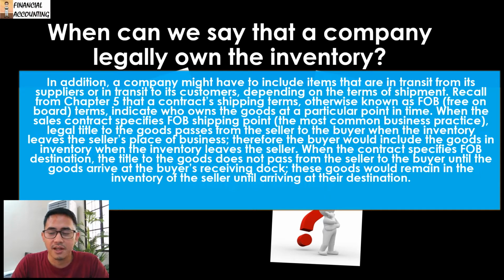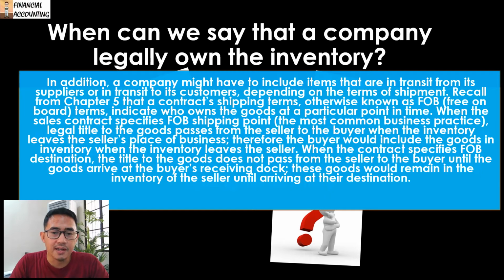Just a brief review of what FOB shipping point and FOB destination are. When we say FOB shipping point, the ownership of goods is transferred to the buyer upon shipment. Okay, while if the agreement is FOB destination, the transfer of goods happens when the items arrive at the destination or at the buyer.